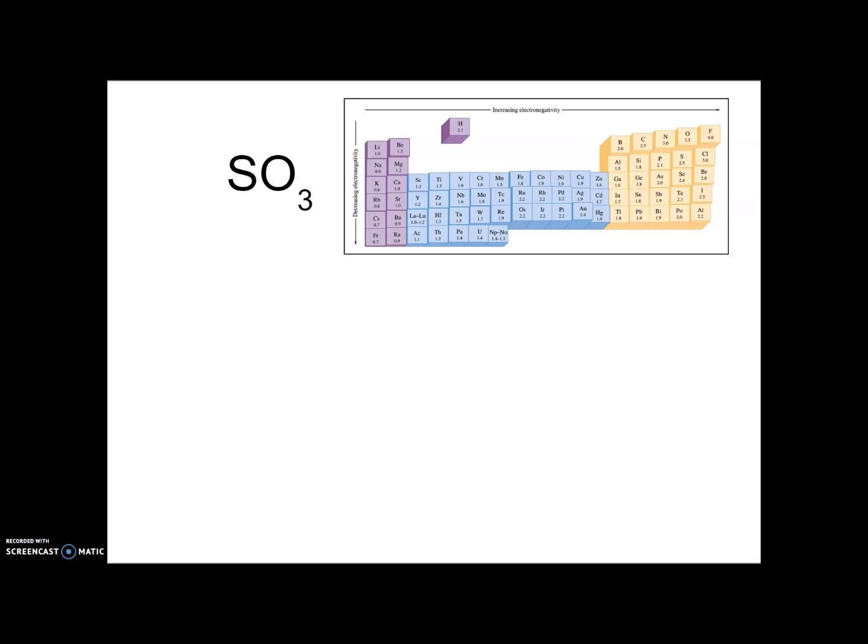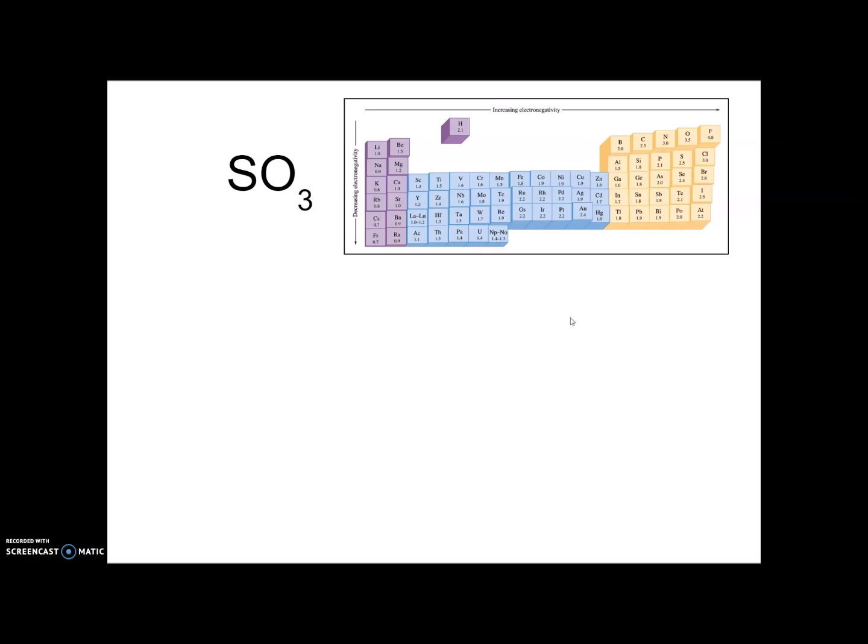And since oxygen is one of those and sulfur is not, I know that oxygen is going to be more electronegative than sulfur. But if you didn't remember that, that's fine. Here's oxygen with a 3.5 value and sulfur with a 2.5 value. So oxygen is the more electronegative atom.